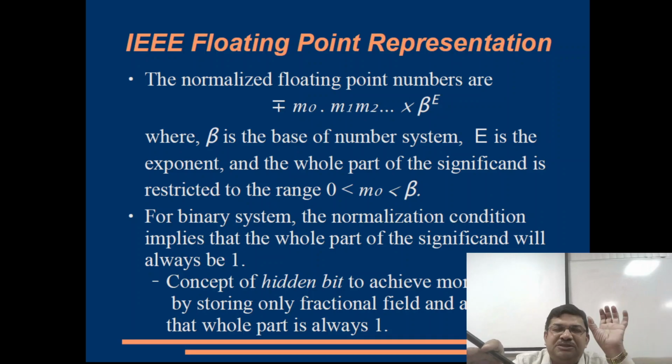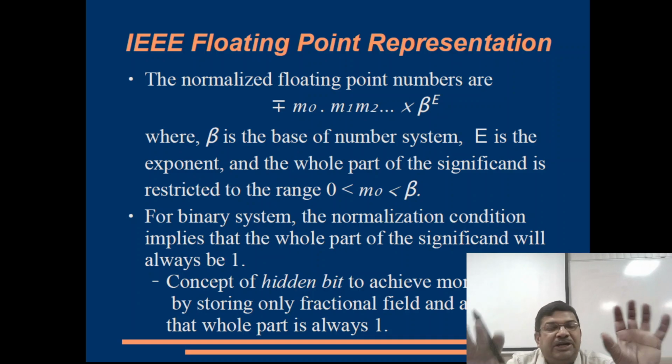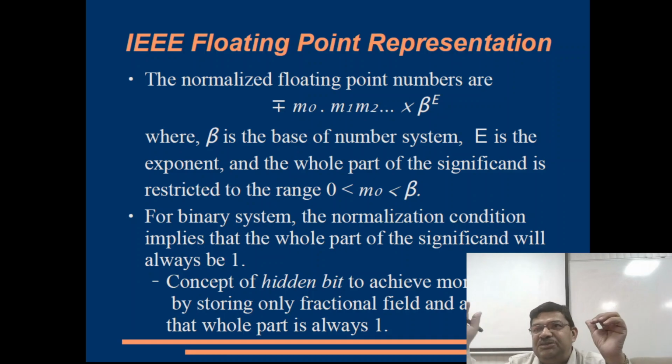Floating point whole part is always considered to be equal to 1, and it is not stored at all. It is interpreted as 1 point fractional part, and it is only the fractional part which is stored.